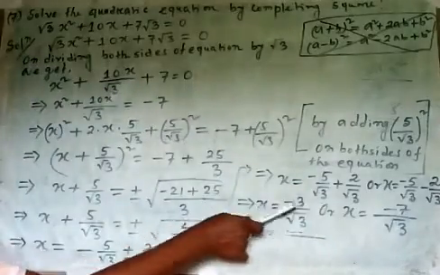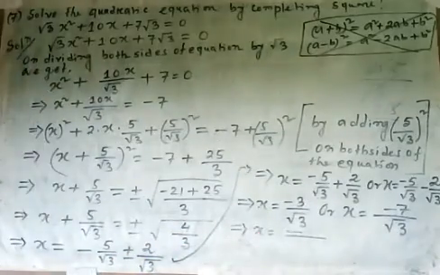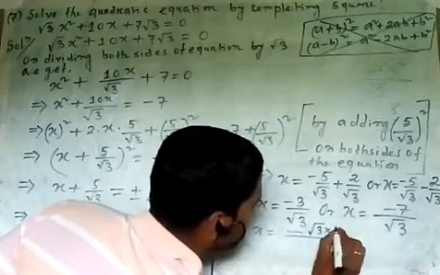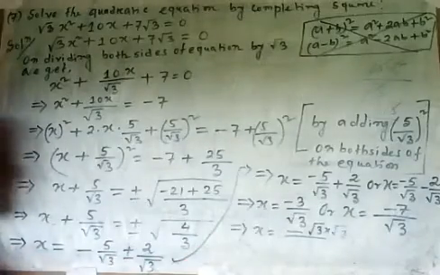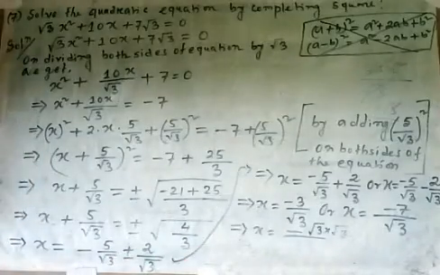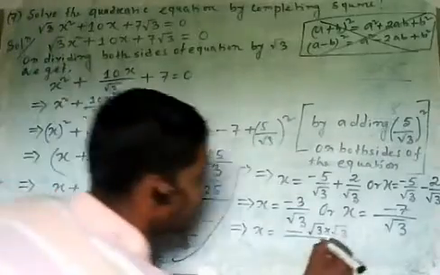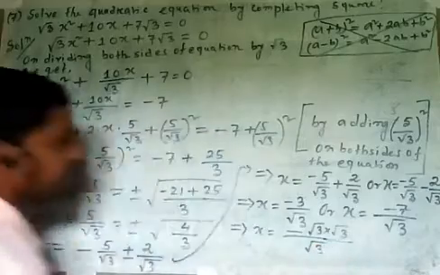Minus 3 over root 3, for this minus 3, we can write 3 equals root 3 into root 3, because 3 into 3 is 3 square, and root and square will be cancelled, divided by root 3.